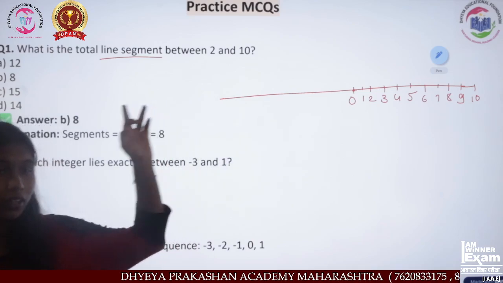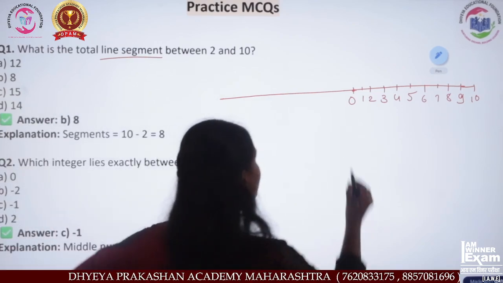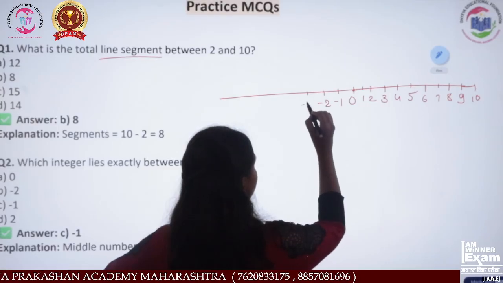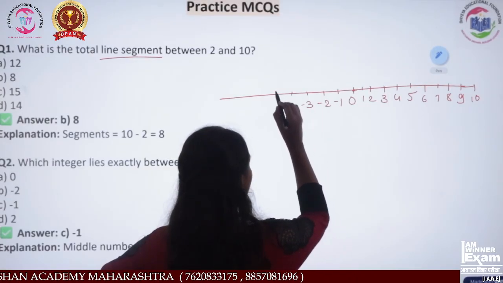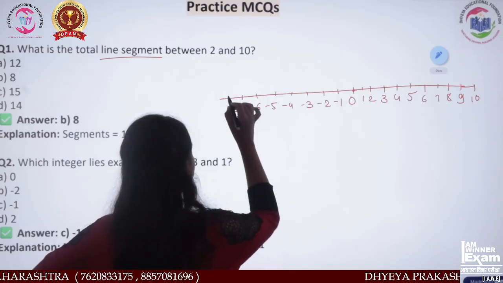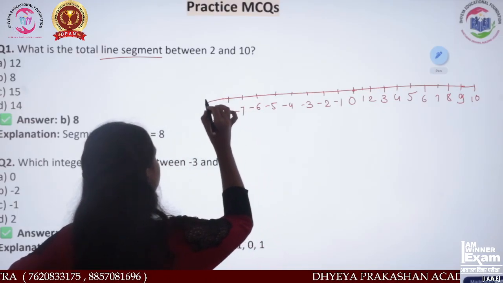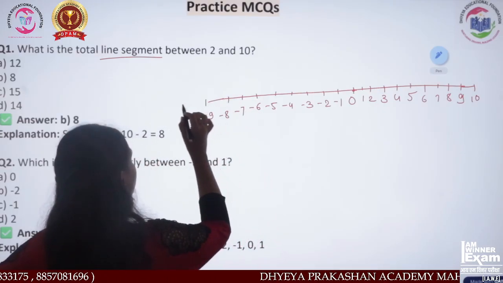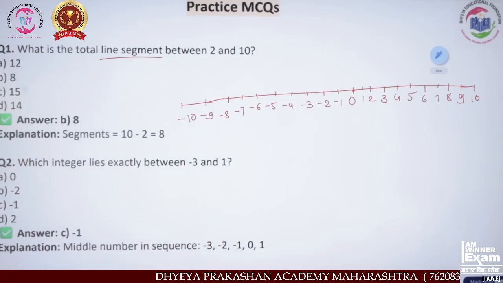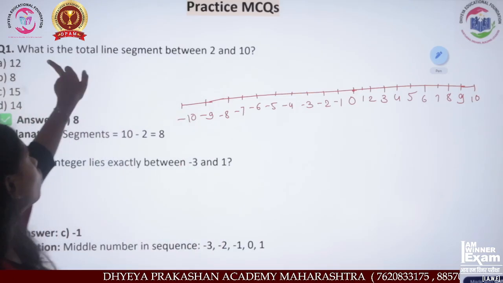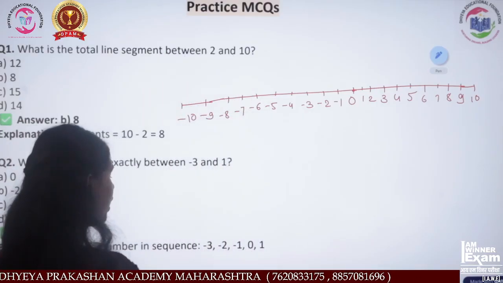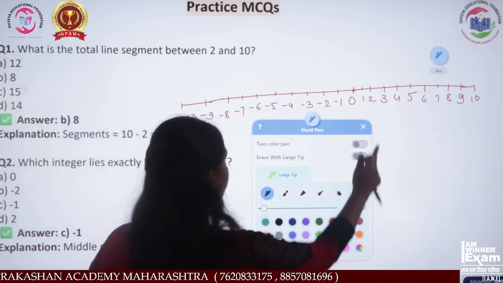And on the left side, there will be all negative numbers: -1, -2, -3, -4, -5, -6, -7, -8, -9 and -10. Okay. Now we have to count the total line segment between 2 and 10.